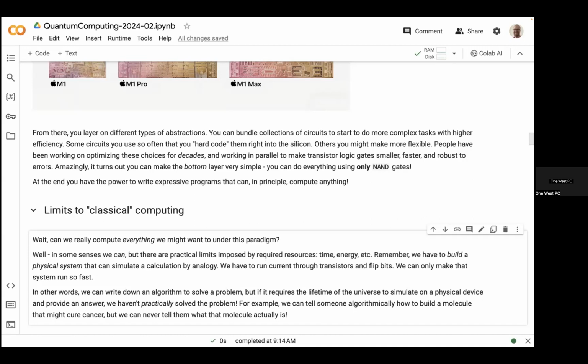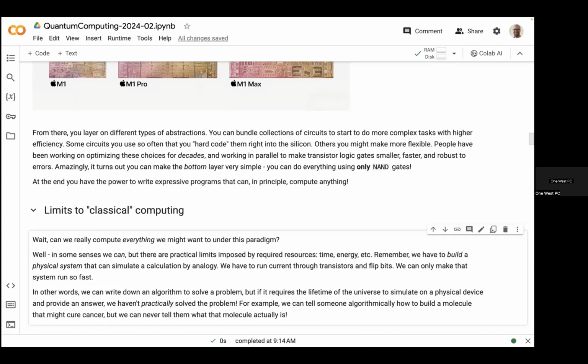If the teacher asks for an answer to some question, and you say like, well, people know how to answer this, right? That doesn't cut it, right? Like you have to actually give the answer for it to count, right? To have actually practically solved the problem, right? So we might be able to tell someone algorithmically how to build some crazy chemical compound that could maybe cure cancer, but we can't actually tell them what the molecule actually is, right?